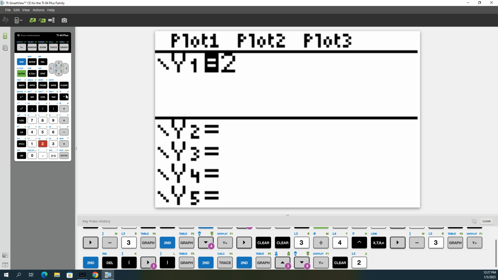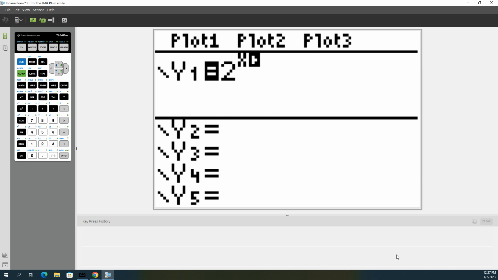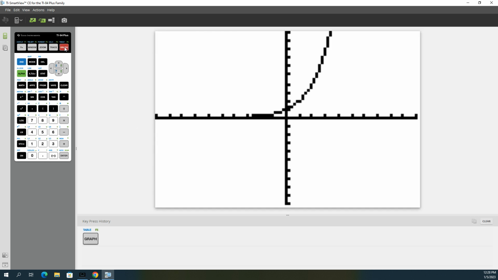And then the button for an exponent you probably already know, but I can't reach up there, it's the button above division, like a little rooftop. So 2 raised to x. Okay. And if we hit graph, you can see what that graph looks like. And that is growth. Starts off kind of flat and then it increases quickly.